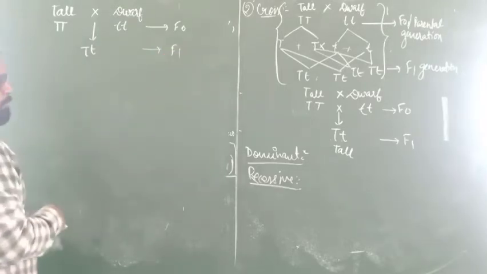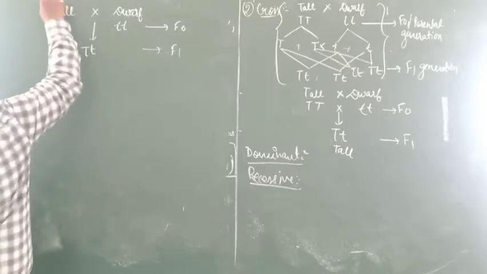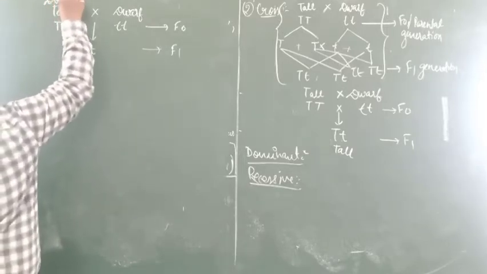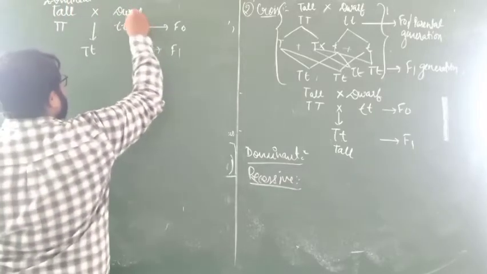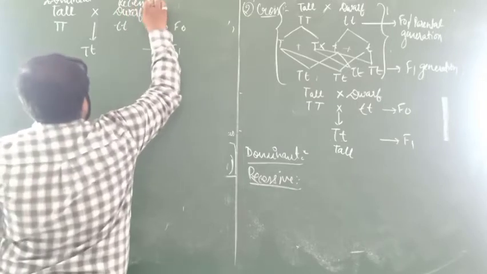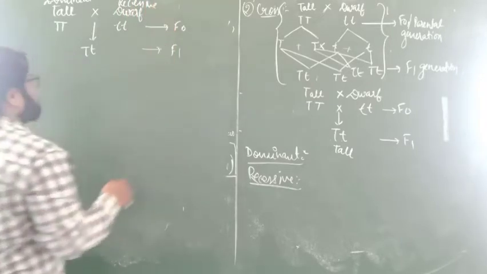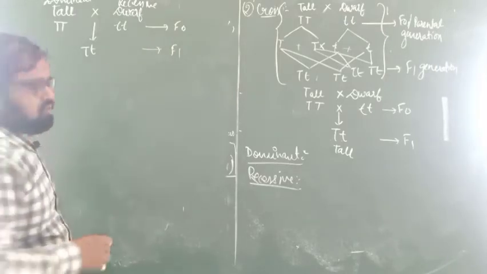So the tall character is called the dominant character, and small t is called the recessive character.